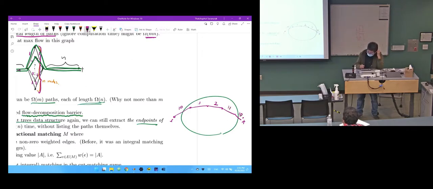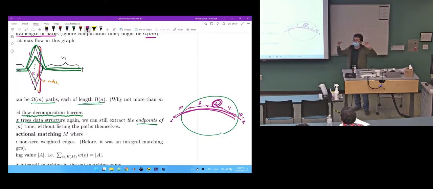Then there is a data structure that allows you to subtract the whole flow value of this path by 2. Look at the minimum in this whole thing and subtract the whole path by 2. They do this implicitly using the data structure, and this implicit operation takes just log n time.